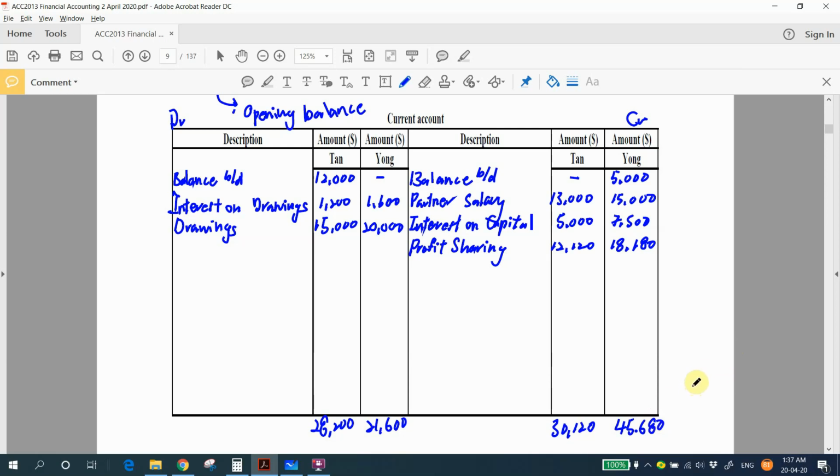From this comparison, we can understand that the credit side amount is higher than the debit side amount. So meaning that the balance amount will appear on the debit side.